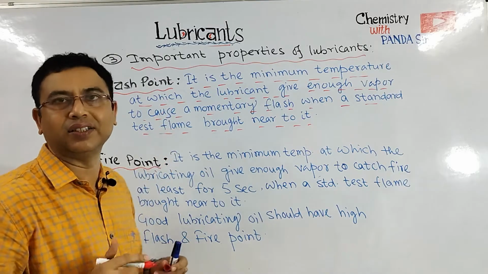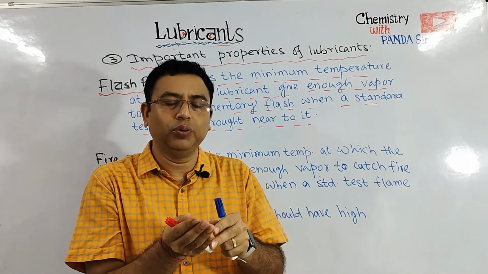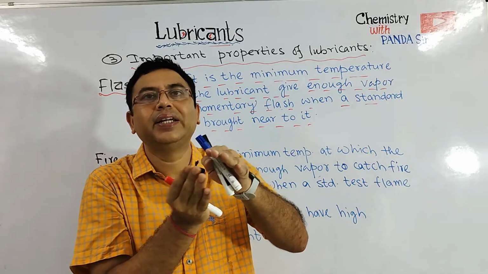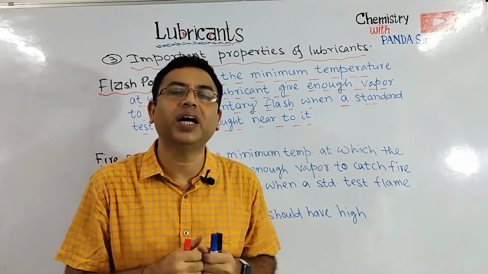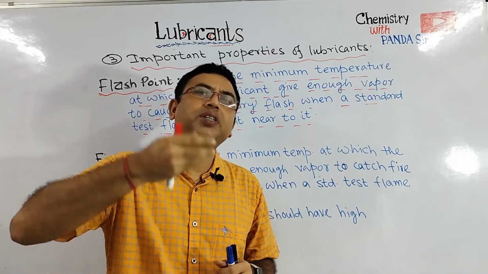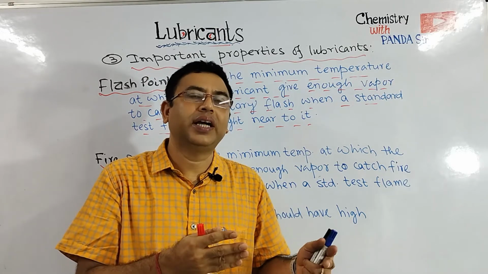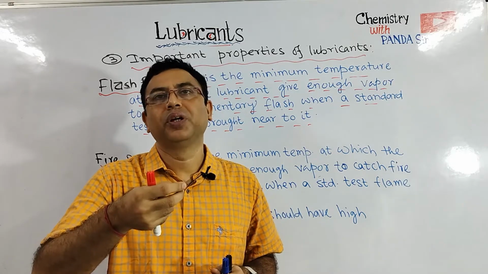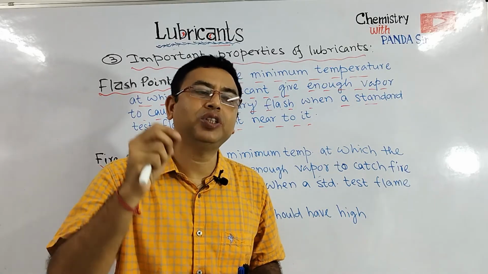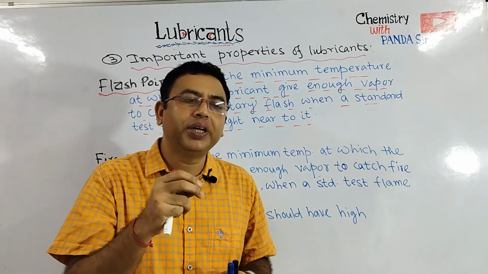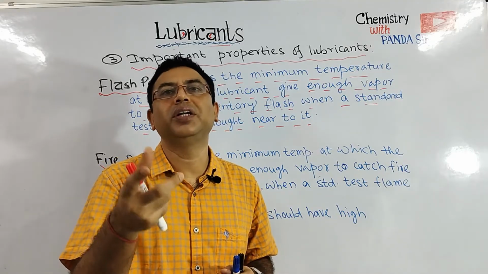We have to understand this. Suppose the lubricant is working between two moving metallic surfaces. Due to the friction, the temperature goes high. If the temperature keeps increasing, the lubricating oil, being volatile, gives off vapor. The vapor keeps increasing and at a certain temperature the lubricating oil will give a momentary flash when a test flame is brought near to it.